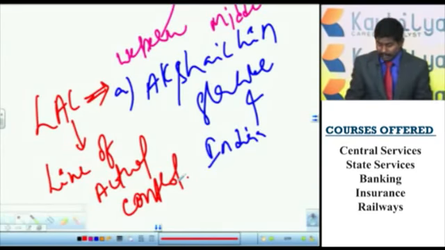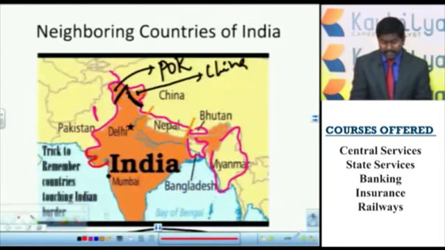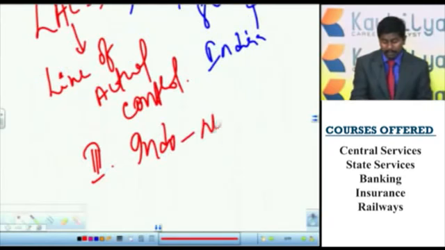Remember? Right. Then coming to the next one, the Indo-Nepal border. The Indo-Nepal border is clearly defined between India and Nepal, and it is simply called the Indo-Nepal border.